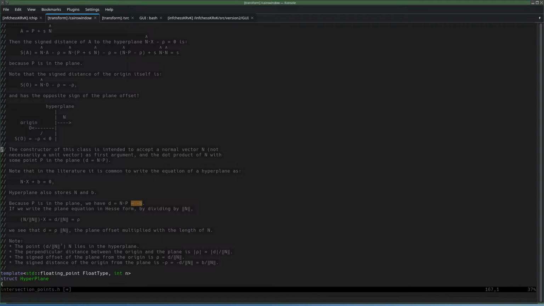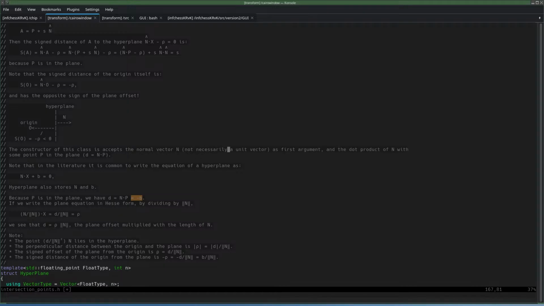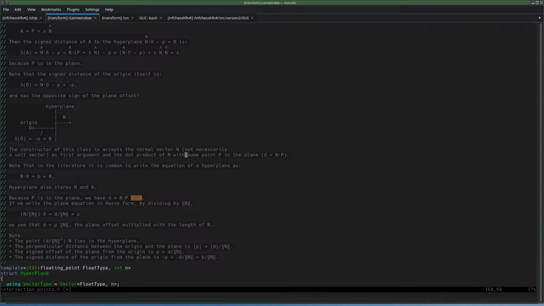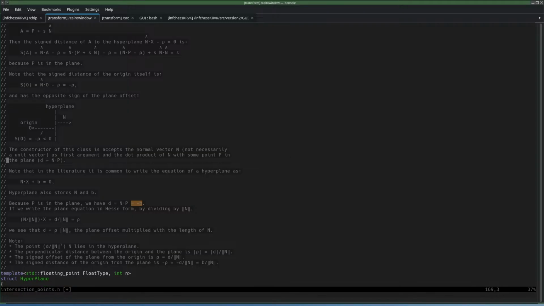The constructor of this class is intended to accept a normal vector n and the dot product of n with some point p in the plane.